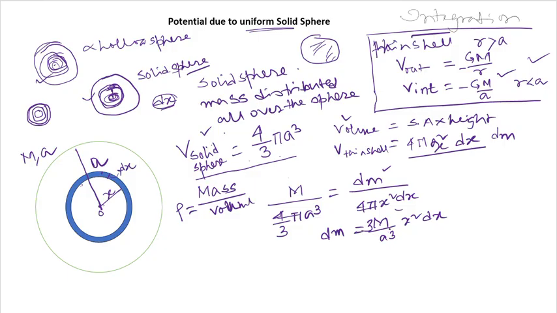So dm equals 3m by a cubed x square dx. From here we calculated dm. Now we will calculate the potential at a point outside the sphere and inside the sphere.